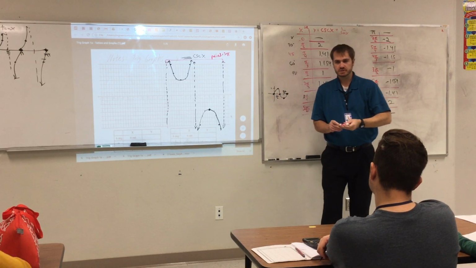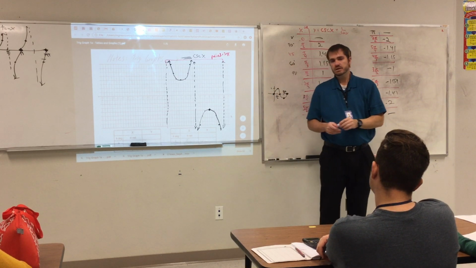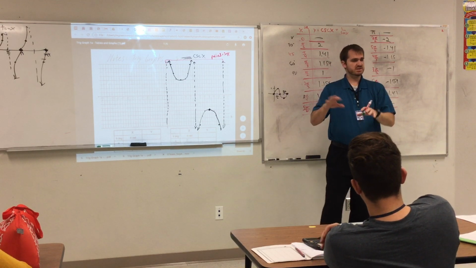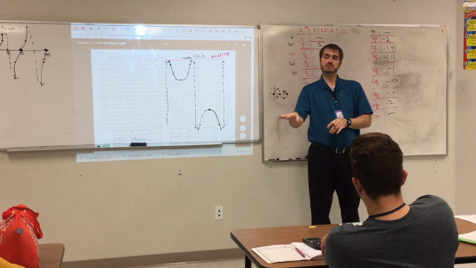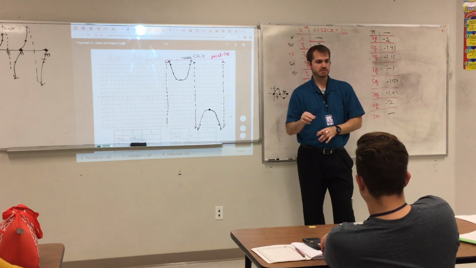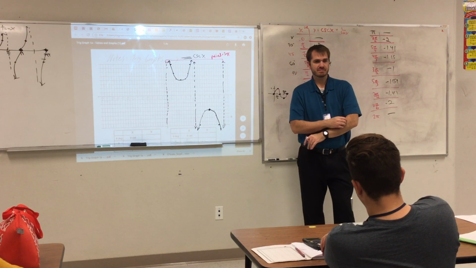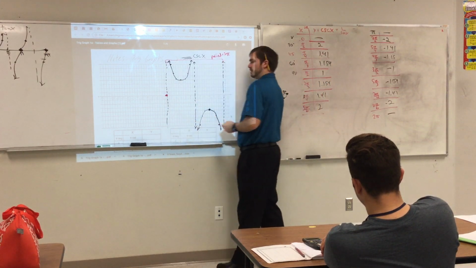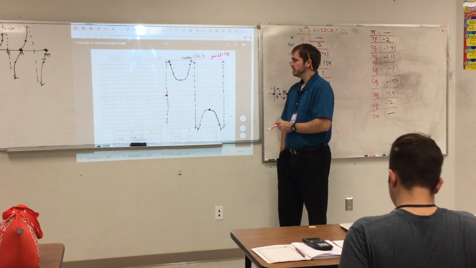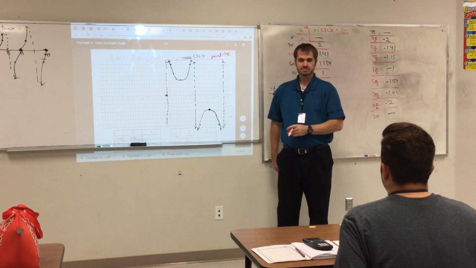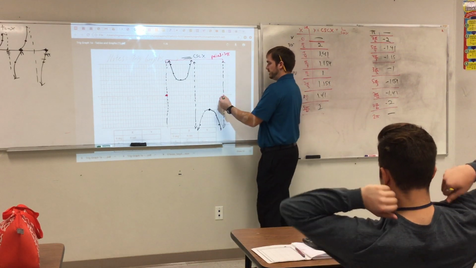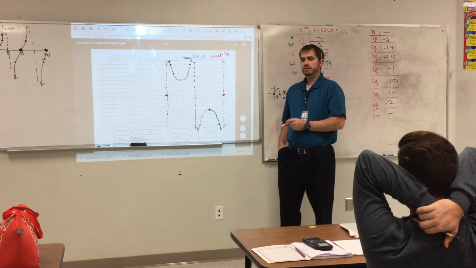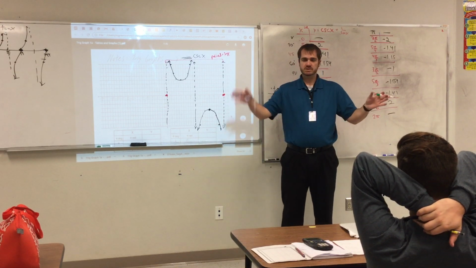Now I'm going to test your memory here. Does anybody remember what the sine graph looked like? Maybe you can look at your chart there. Where does sine begin? Begins at 0. So I'm going to put a 0 right there. Where does sine end? 2 pi, yep, which is 0. And right in the middle, what does the sine graph look like?